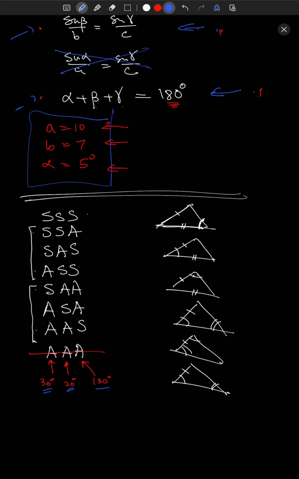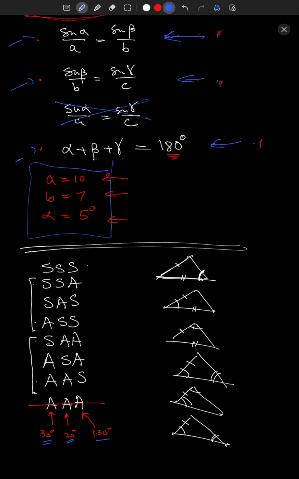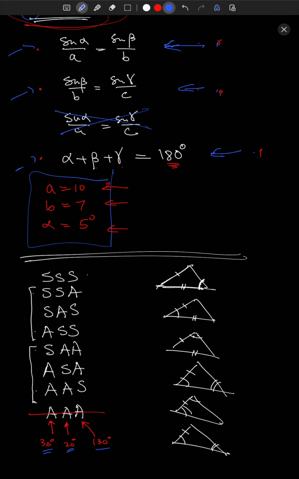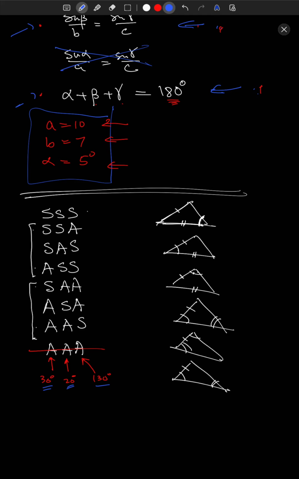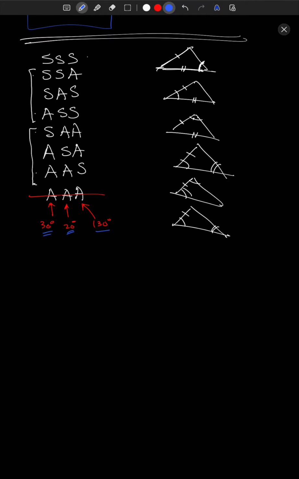So this AAA combined with the 3 above looks like it's 6 pieces of information, but it's actually only 5. And so what that means is there's actually probably going to be an infinite number of triangles with angles 30 degrees, 20 degrees, and 130 degrees. All right. And in fact, there are, because if you think about the basic trig that you probably learned, you know about similar triangles, right?